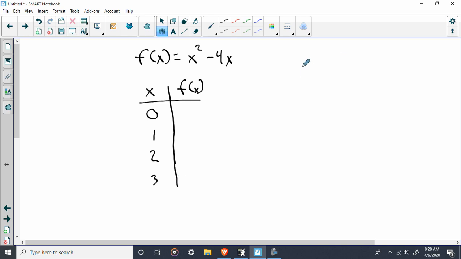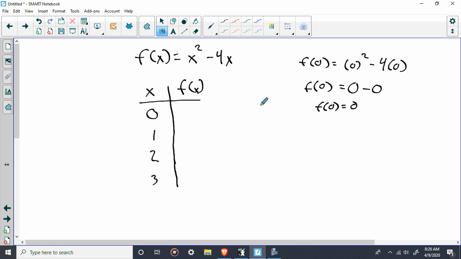Okay. So we're going to say f of 0 is equal to, what is that? 0 squared minus 4 times 0. Well, 0 squared is 0, and negative 4 times 0 is 0. So 0 minus 0 is 0. Okay?